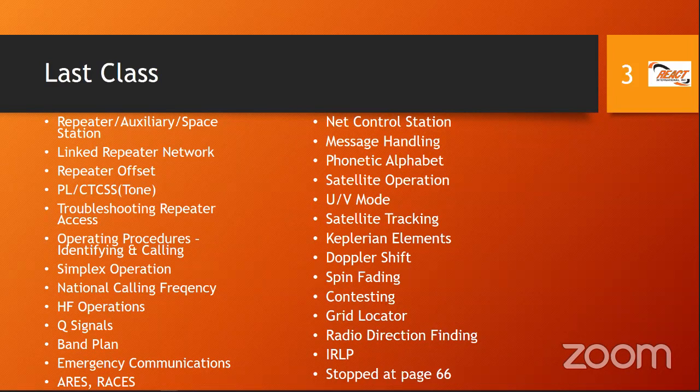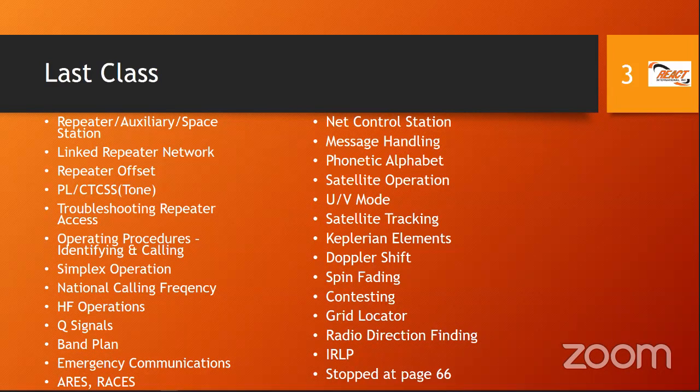We discussed satellite operation. What was UV mode? We had a look at satellite tracking. We talked a bit about what were Keplerian elements, also known as KEPs. We looked at two concepts important to satellite operation, Doppler shift and spin fading.